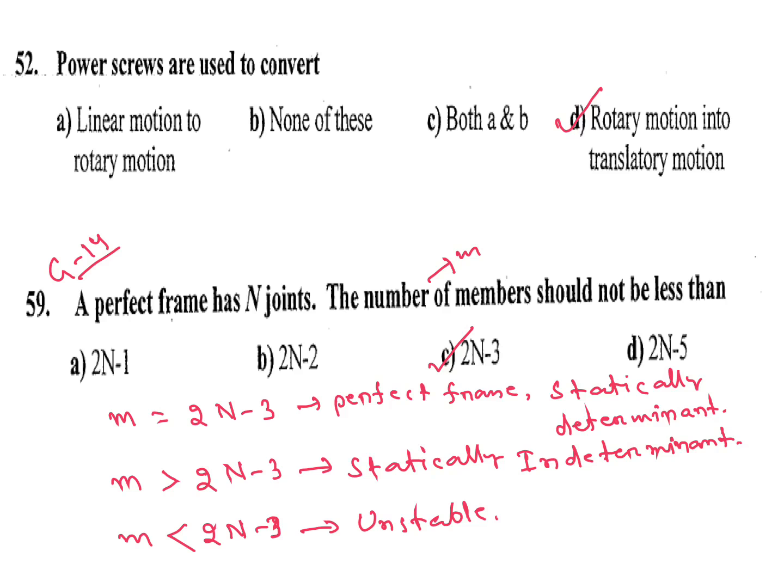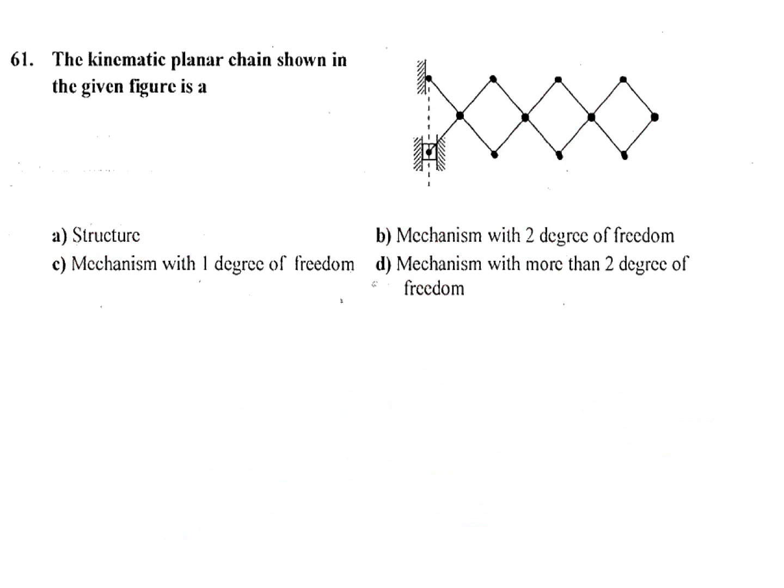The kinematic planar chain shown in the given figure is the lazy tongue mechanism. This is also a very important question. So many times asked in IAS exams. Sometimes they will directly ask about the lazy tongue mechanism, how many degrees of freedom are there.